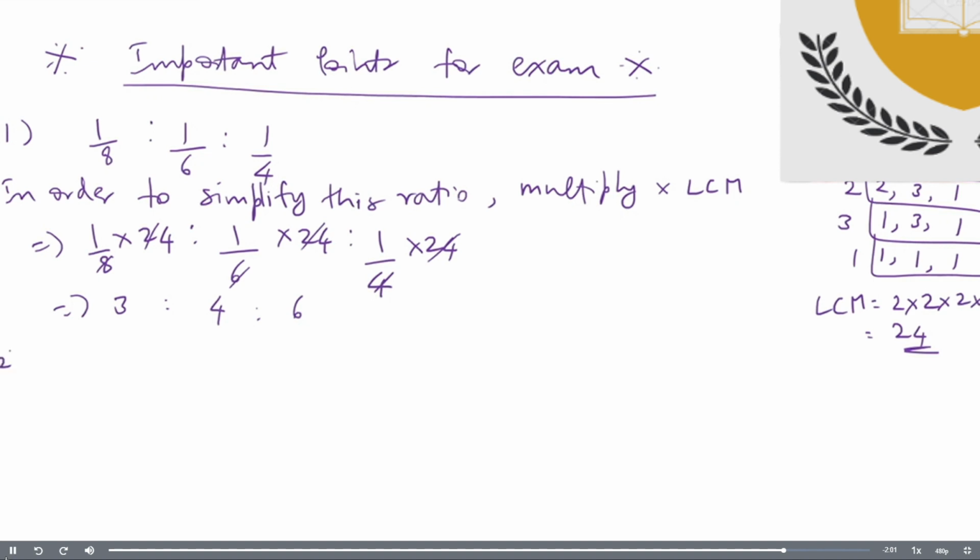Now the second point I want to convey is that sometimes they might use the term continuous ratio, continuous proportion. So what do you mean by continuous proportion?